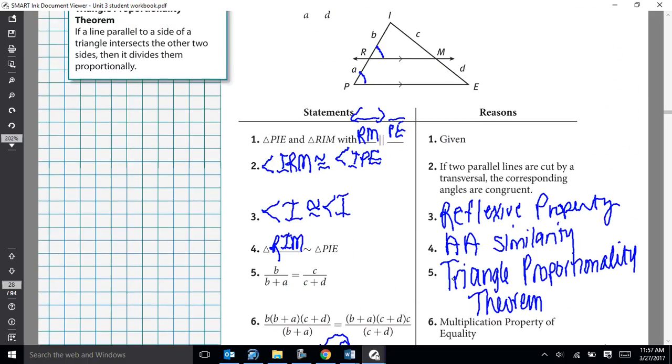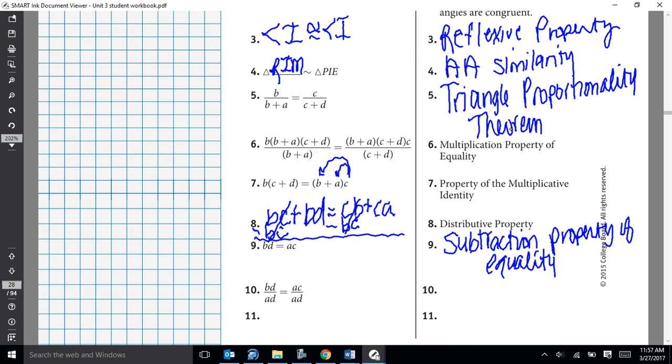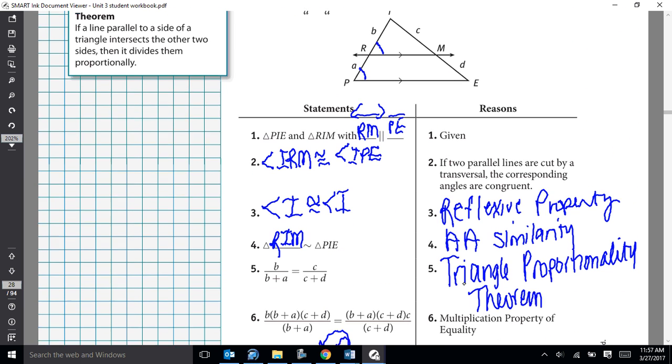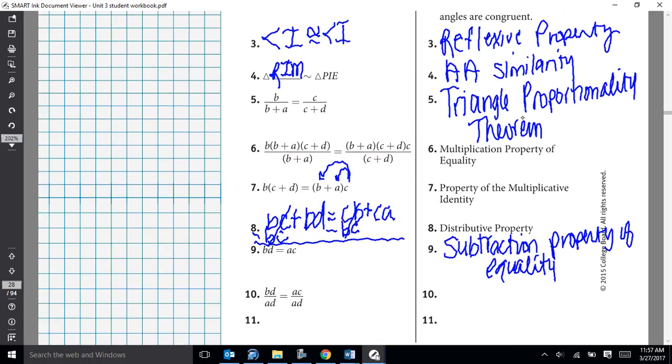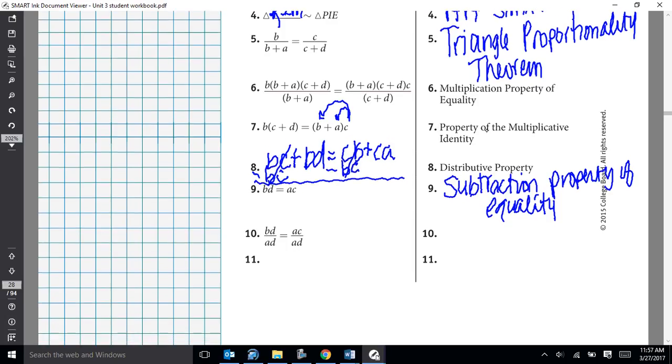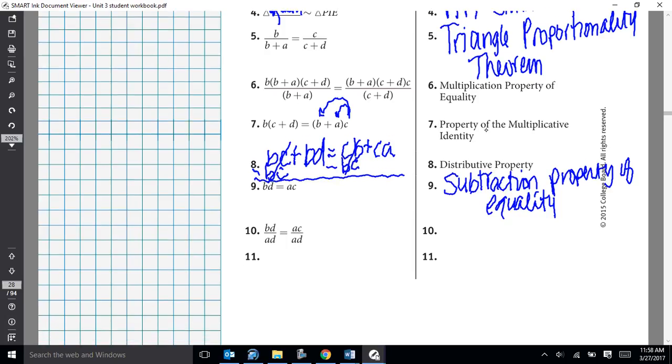Saying BD over AD equals AC over AD. We have AD going on both sides. So what are they doing? If you divide one side and you divide the other side, are you changing the value at all? No, because you're doing it to both sides, right? So this was subtraction property of equality. So this one is division.